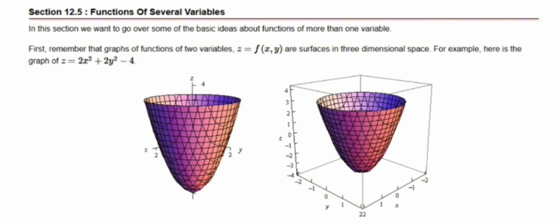Now, if we think about it, this means that the domain of a function of a single variable is an interval or intervals of values from the number line, or one-dimensional space.